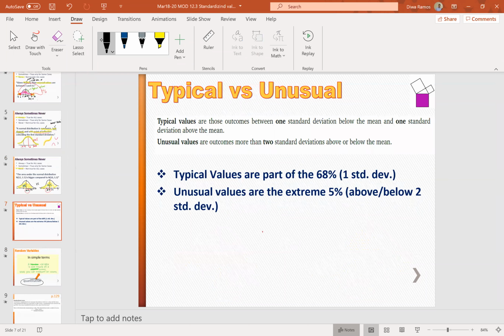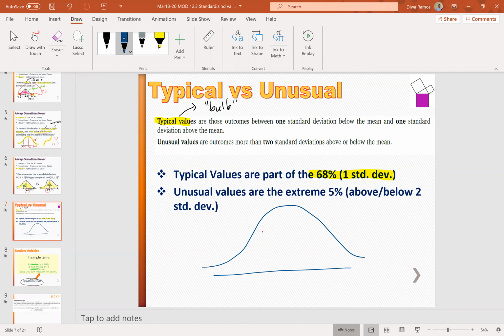A little bit of a review from last class as well. We did talk about what are considered typical values. We loosely call this the bulk of the data. They form about 68%, or within one standard deviation. So if you have your normal distribution here, from the center, one standard deviation up and one standard deviation down, this area here is 68%.